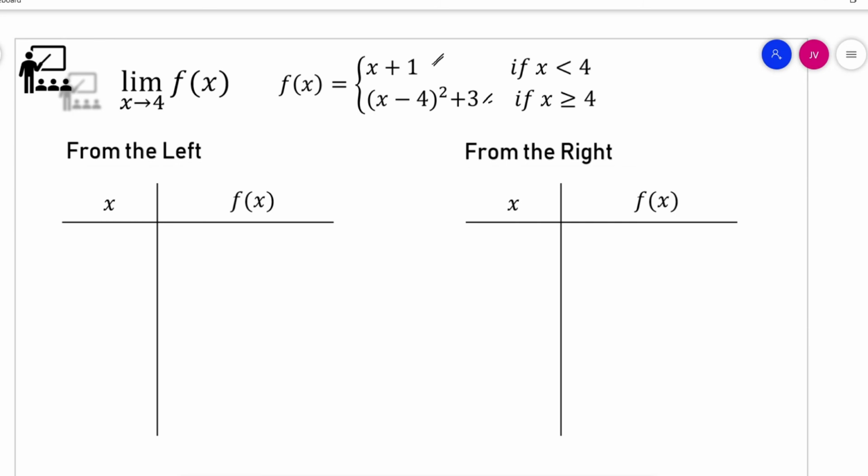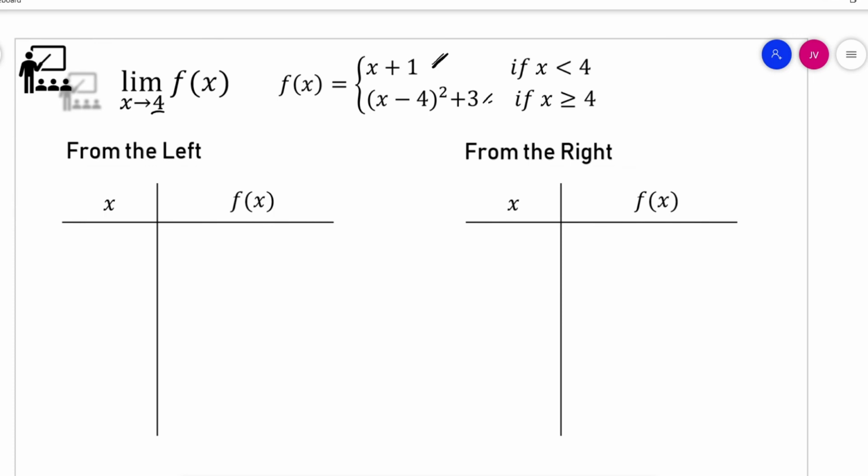So we have here the constant 4 ang magiging basis natin in getting the values of your x, 4 from the left and 4 from the right. So since 4 from the left is less than 4, ito ang gagamitin natin doon sa left hand limit natin.